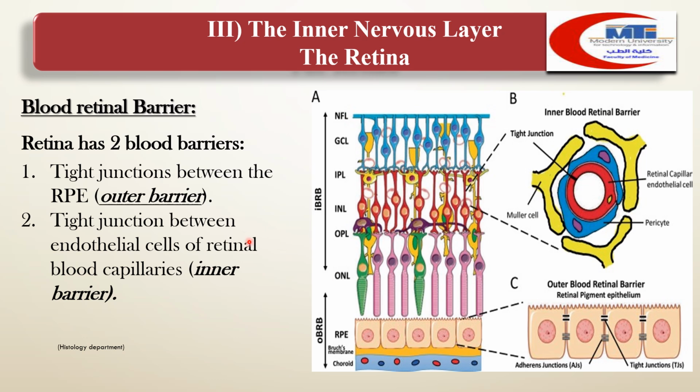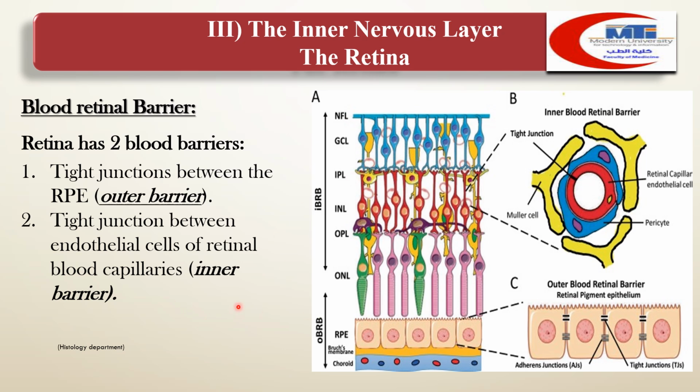The inner barrier, protecting the inner part of the retina, is formed by tight junctions between endothelial cells of the retinal capillaries from the central retinal artery.